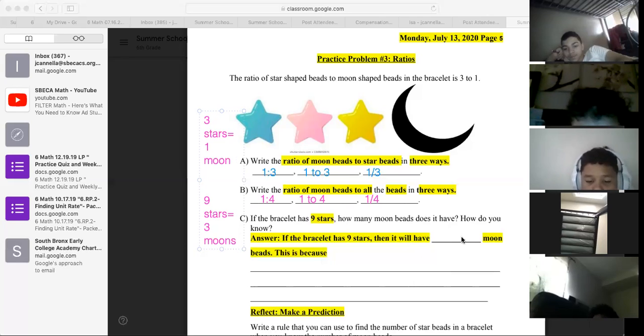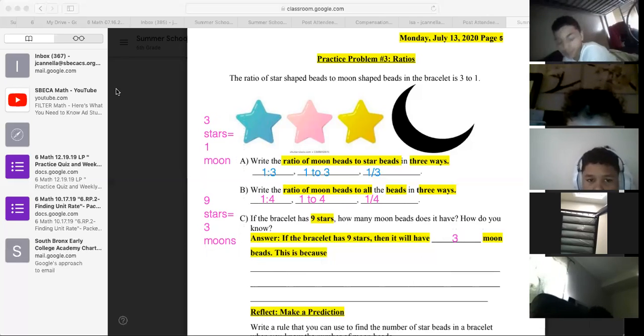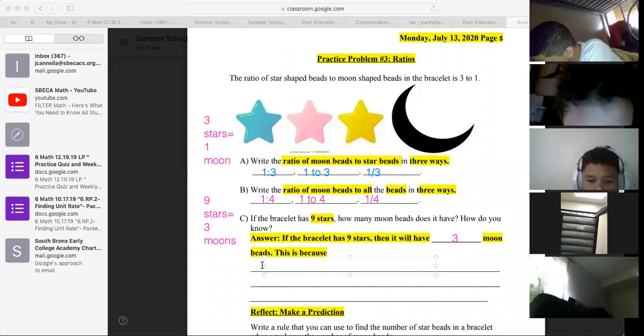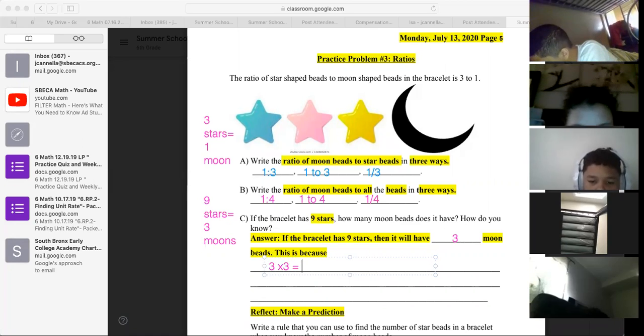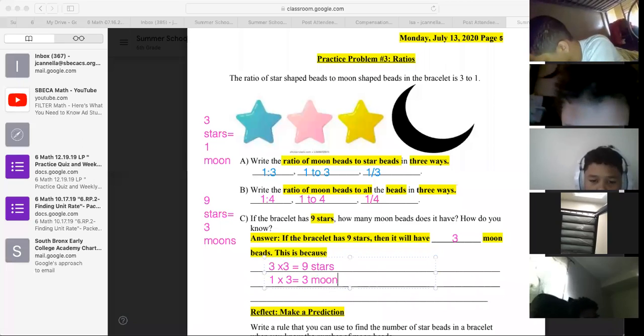You're going to write on the line, you're going to write 3 moons. And this is because we found an equivalent ratio, right? I wrote here 3 times 3, make it easy, equal 9 stars. And then 1 times 3 equal 3 moons.